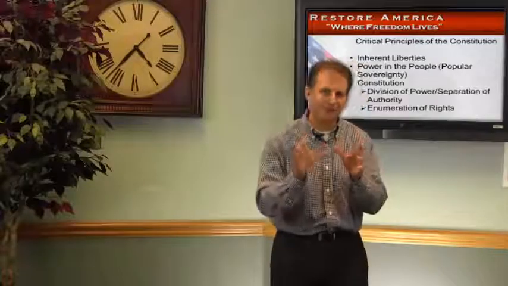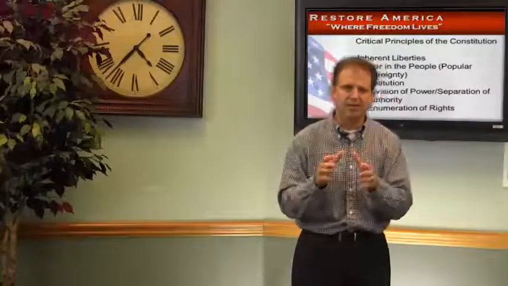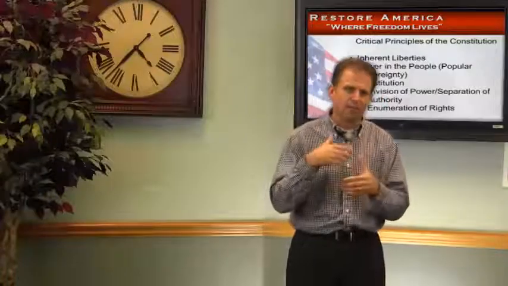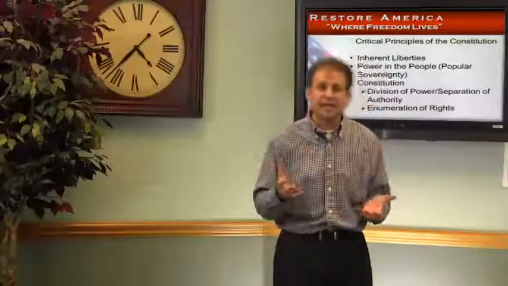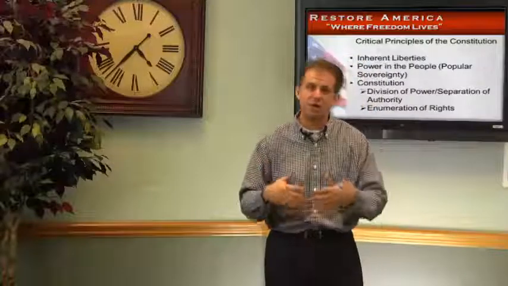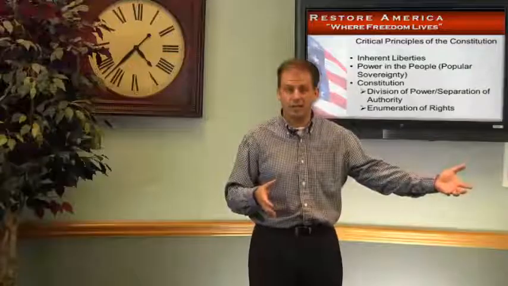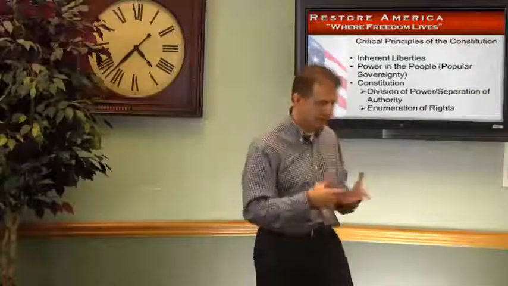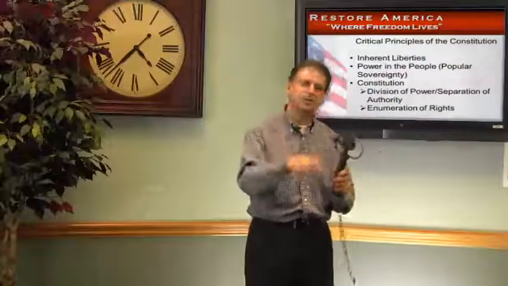Because we're trying to avoid tyranny. We're trying to avoid any particular branch of government engaging or participating in these tyrannical impulses that we see happen time and time again throughout various societies, not just today, but throughout history. We don't want individuals going on a power trip. So division of power and separation of authority are important, and our Constitution does just that.